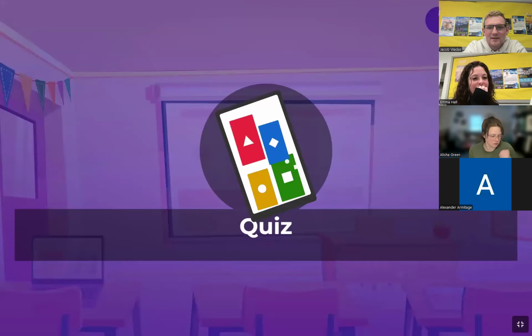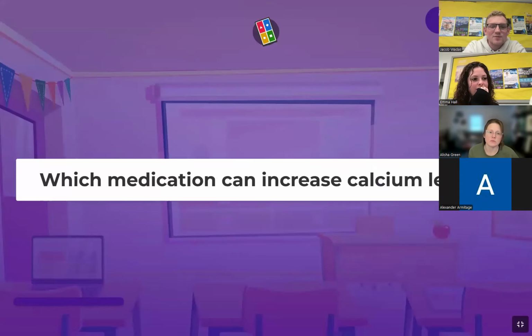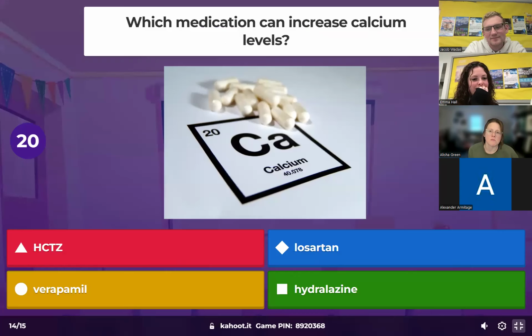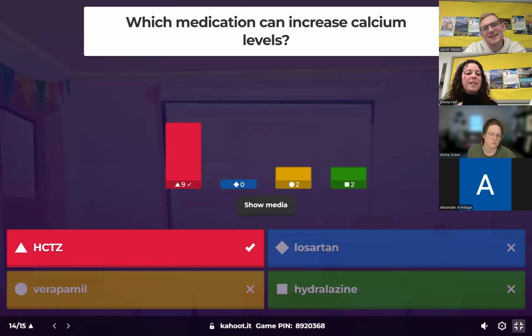Good. We got two more questions left. Which medication can increase calcium levels? Very good.